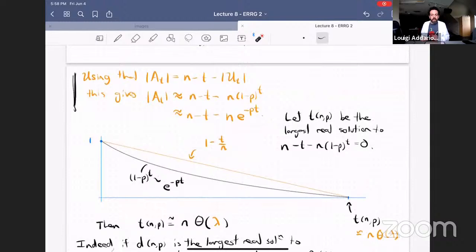So what we'd like to do now is show that this random exploration process closely tracks the picture suggested here.